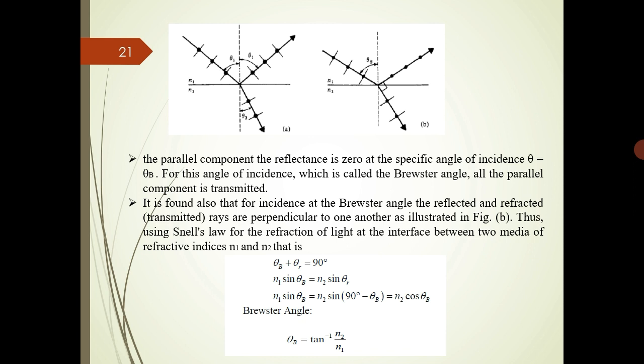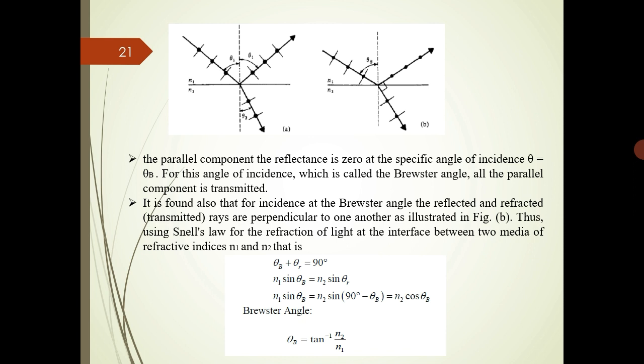So we write the equation as n1 sine theta b equals n2 sine theta r, which I am rearranging, using 90 degrees minus theta b for the angle of refraction. After substituting that, I get n2 equal to n1 cos theta b.